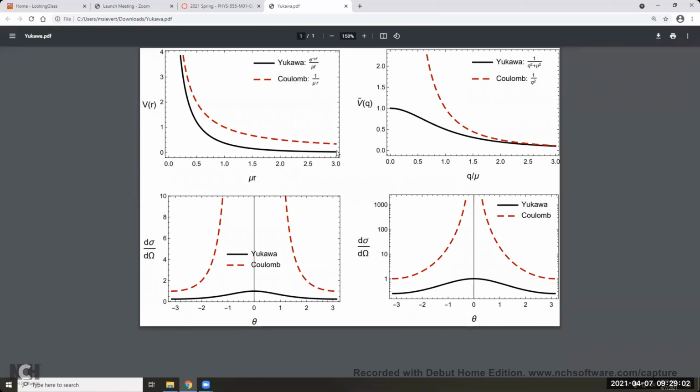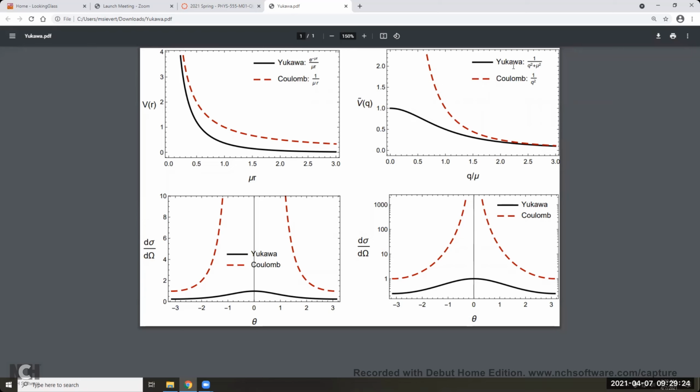Long distances or long wavelength in position space corresponds to short distances in momentum space. So the fact that the two potentials agree at short distance means that they agree in the high momentum tail. They have the same content in terms of high momentum scattering. They have different content at low momentum.